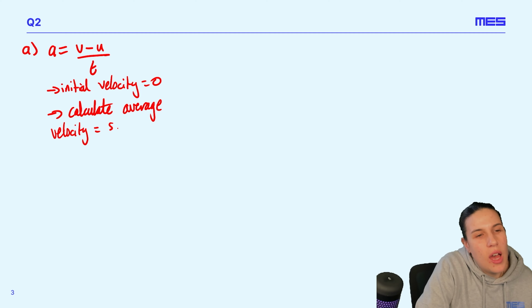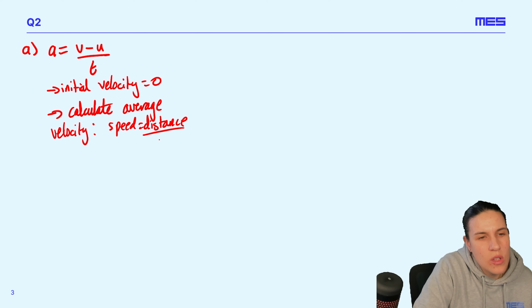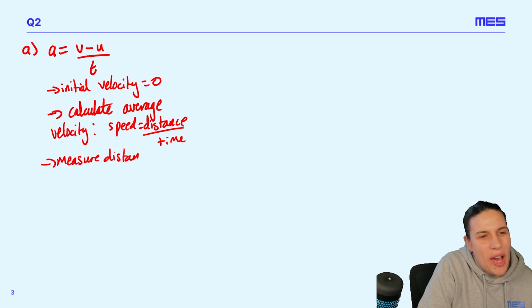using speed or velocity is distance over time. I need to measure the distance, about a meter is good, with a ruler. And I'm going to measure the time with a stopwatch.